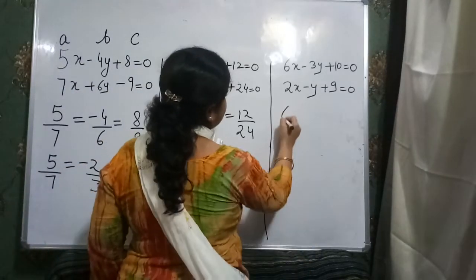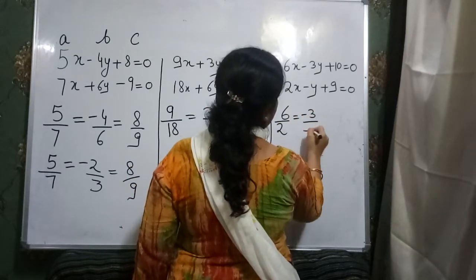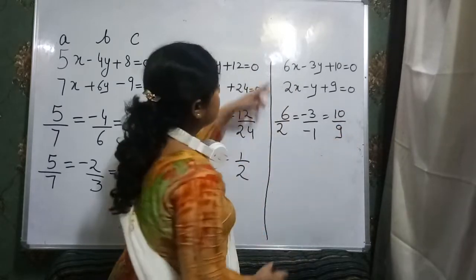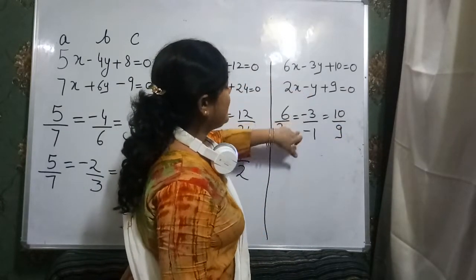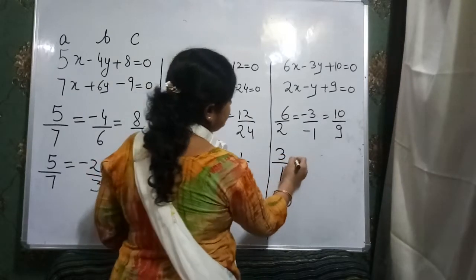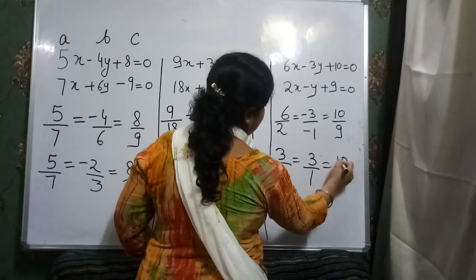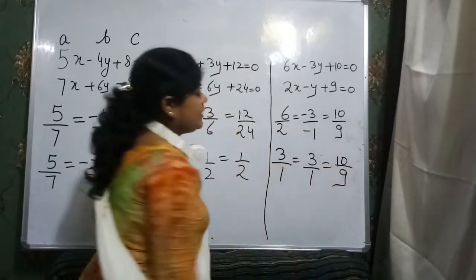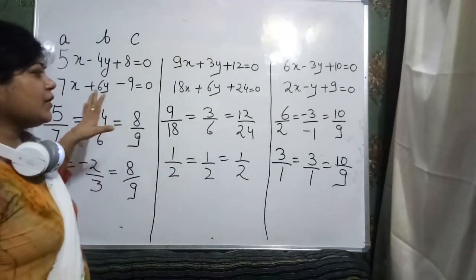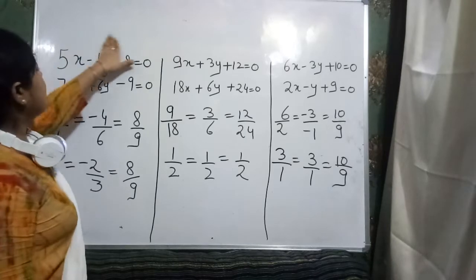Now next one: 6/2, -3/-1, 10/9. Here I have 3/1, here I also have 3/1, and 10/9. These are three different sets of linear equations. Now I am going to discuss them one by one.